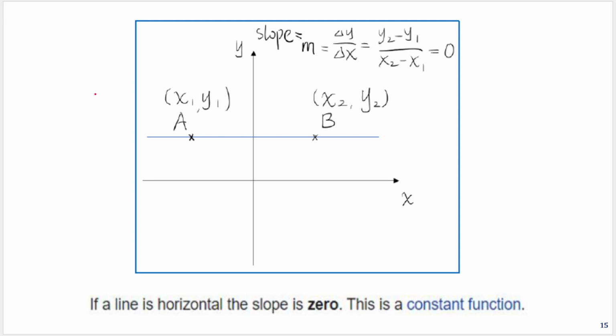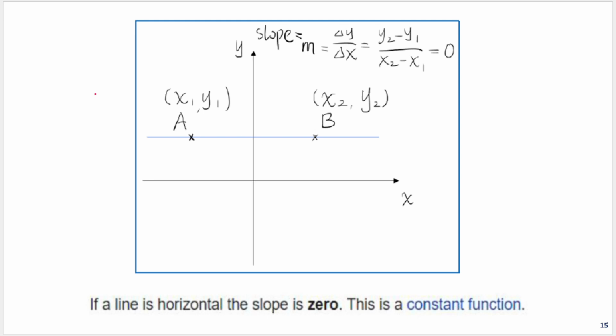Because in that case, delta y is always 0, right? 0 over a non-zero number gives us 0. So a horizontal line has slope 0. And this is actually a constant function, because no matter what x is, the output y is always a constant number, right?